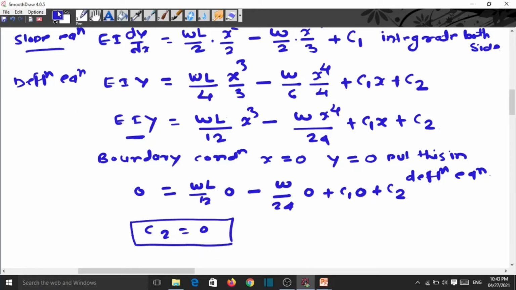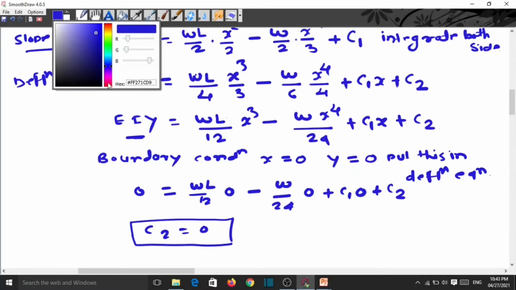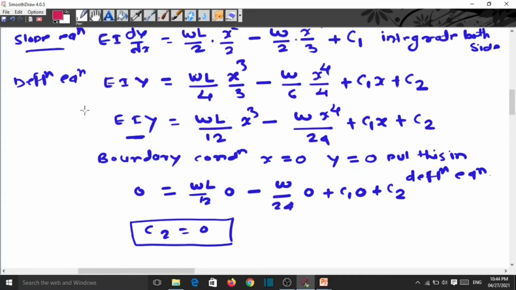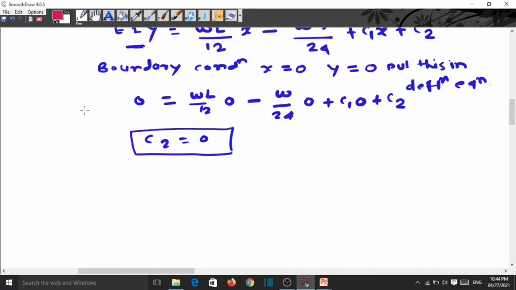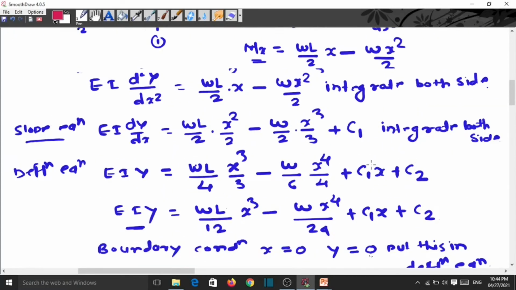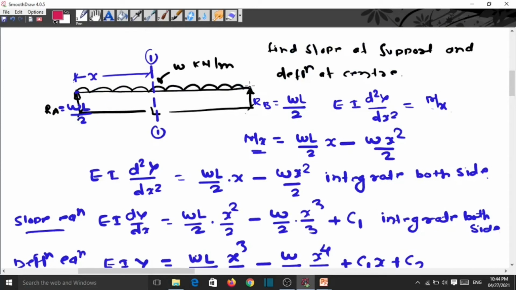Then we apply the second boundary condition, because we again want C1. What is that condition? x is equal to L, meaning at the support B. So y is equal to 0, because x equal to L is at the support B, and at support B again the deflection is 0.